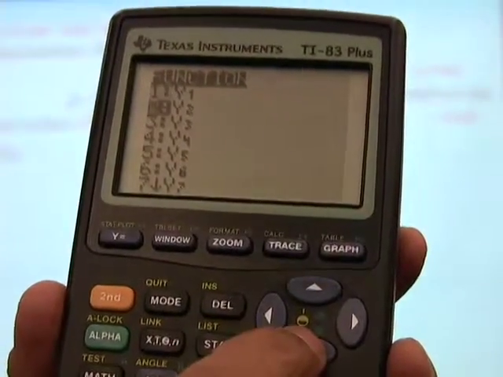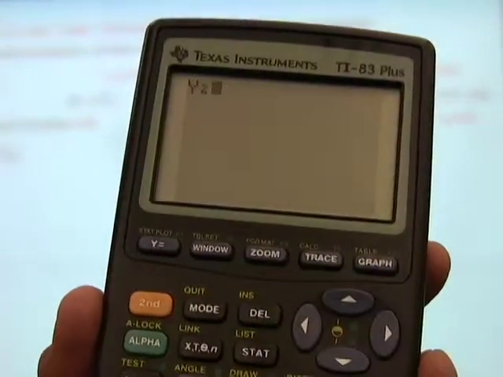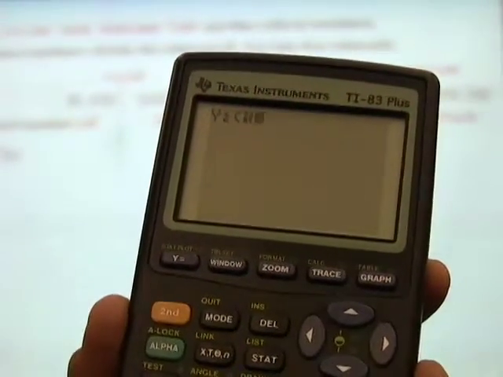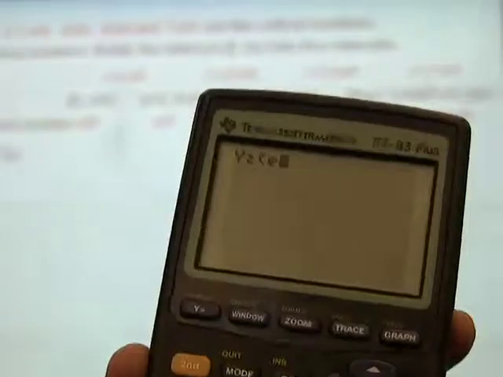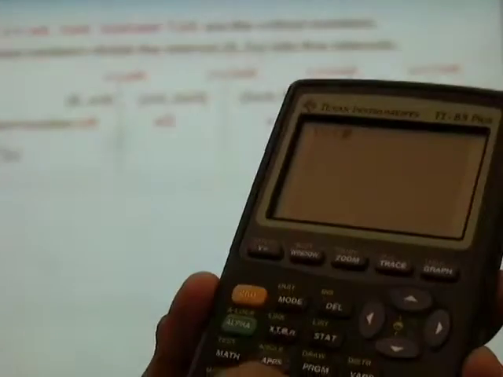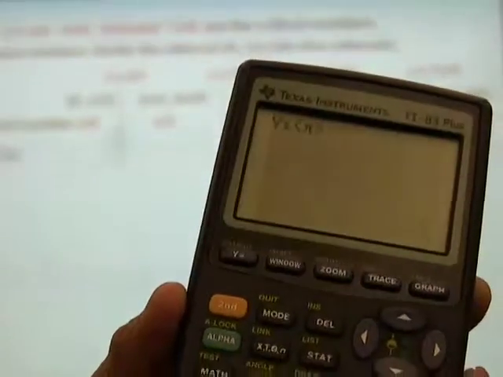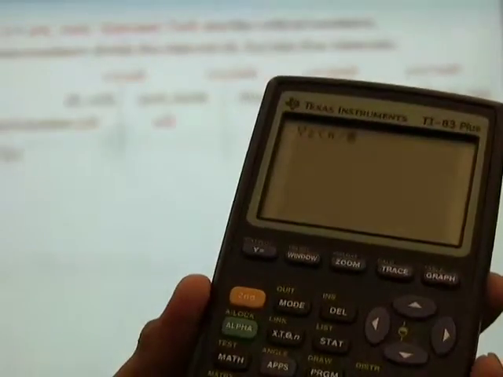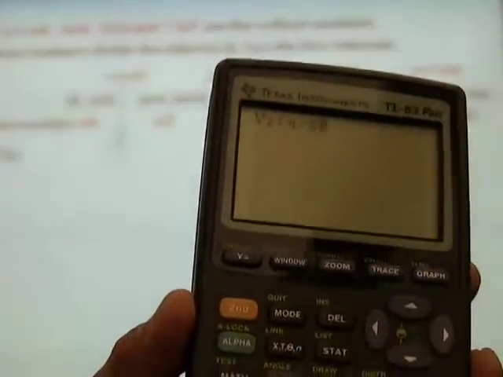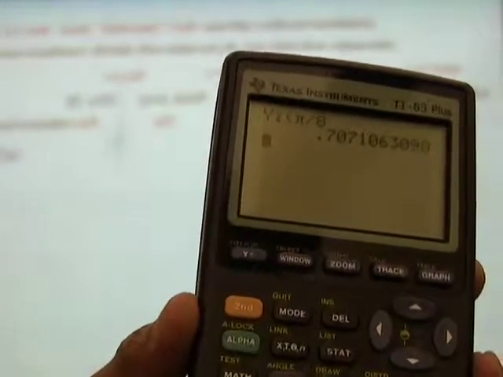We want to choose y2, and y2 of what? Pi by 8. So parenthesis pi, do we got pi there? No, I think I didn't get that right, did I? Now we got second caret gives me pi, so pi divided by 8. y2 of pi by 8, and what does that give you? 0.707.